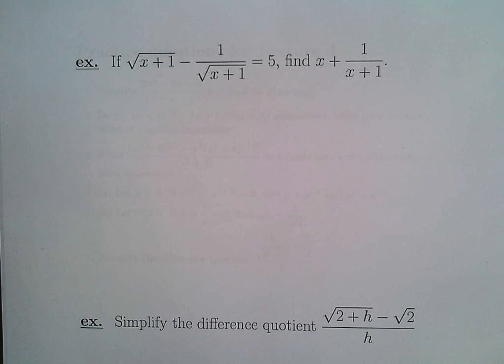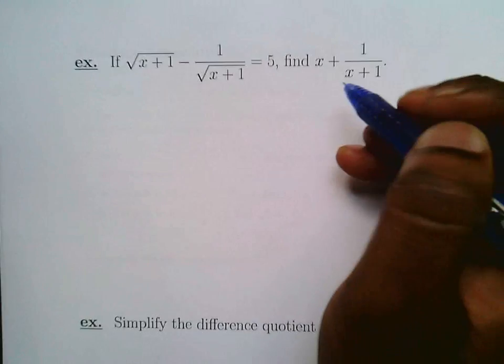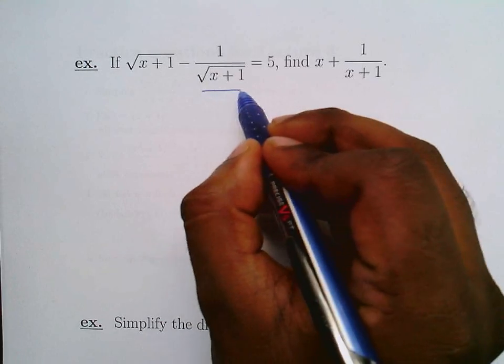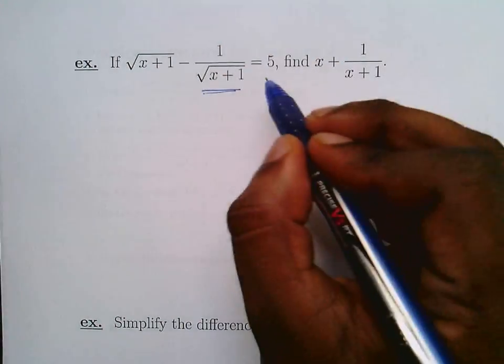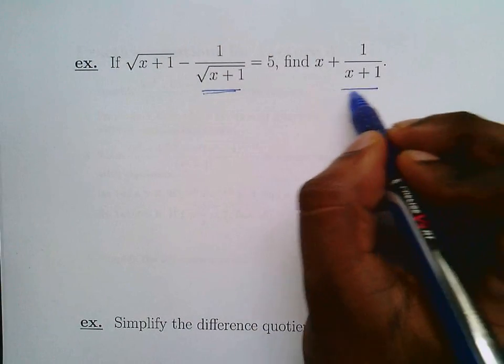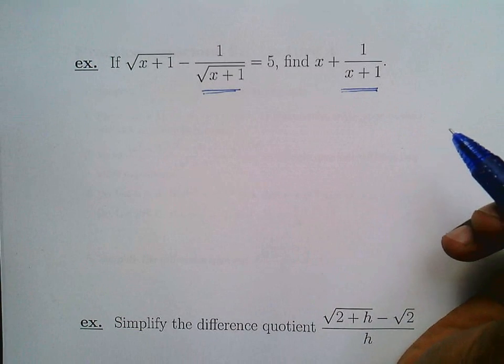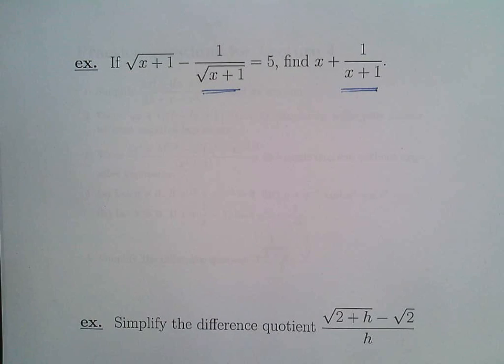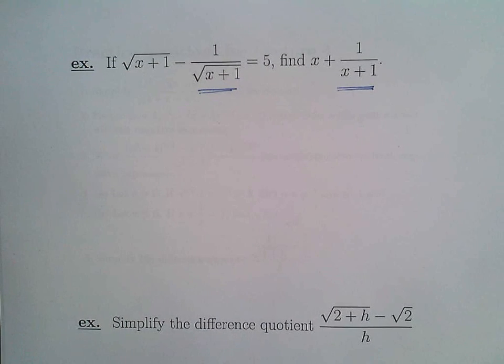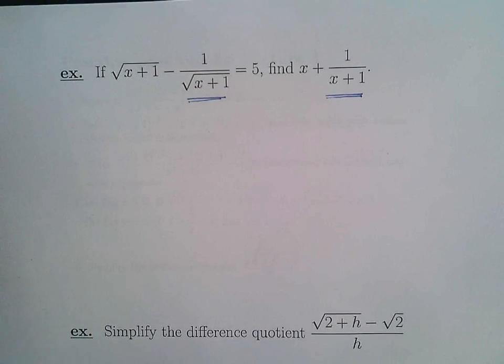In these types of situations, the only thing that can be done is, well, look at this. You have square root of x squared plus x plus 1, and here you have x plus 1. So probably squaring might help. That's the only idea. You don't know what to do, but it looks like squaring might help.